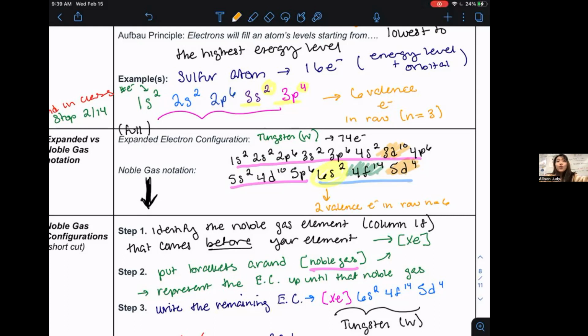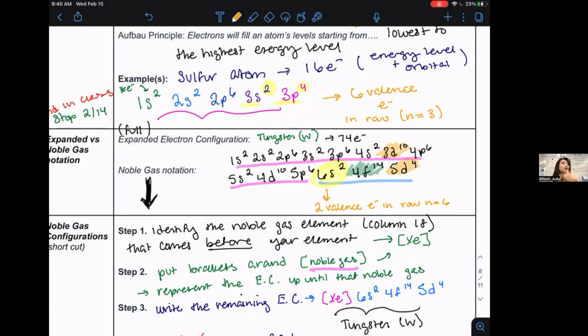It's about straight up energy level. So your valence electrons for tungsten still come from the biggest row number, 6s, and I have 2 of them in row 6. Trippy, right?